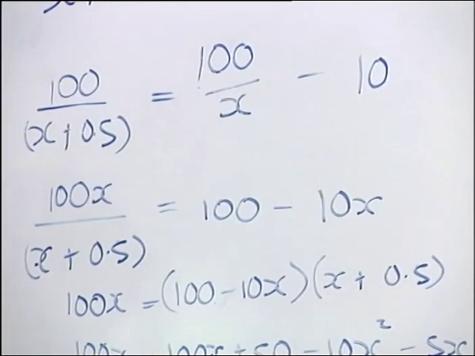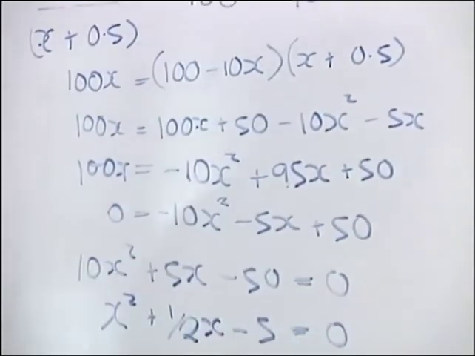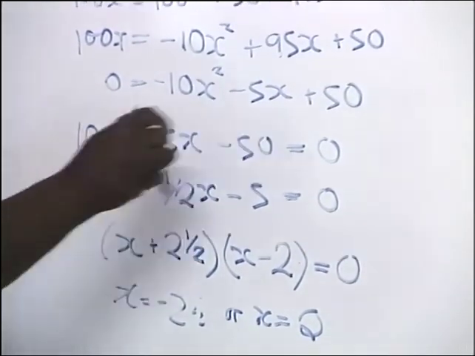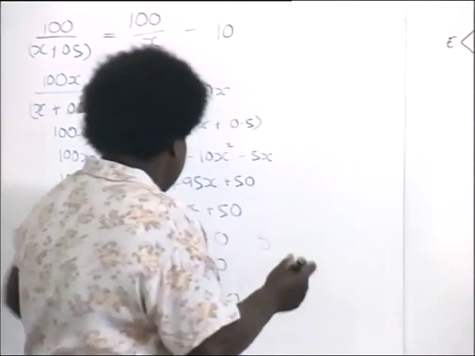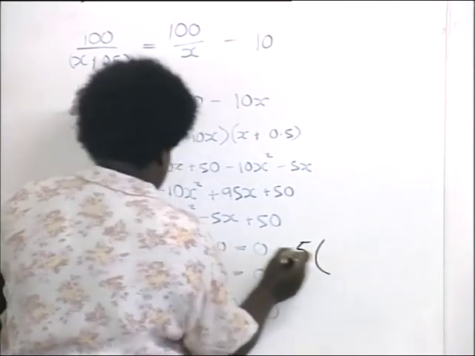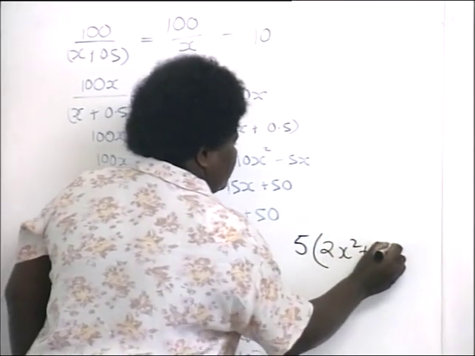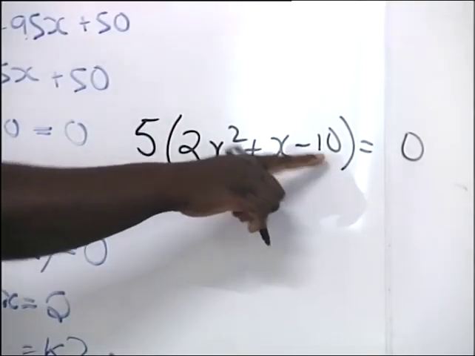But from here, you don't have to get x squared plus half x minus 5. I think he's actually smart by doing that. You can just take 5 outside the brackets, you get 2x squared plus 5x minus 10 equals 0. And you get 2 times negative 10 is negative 20.